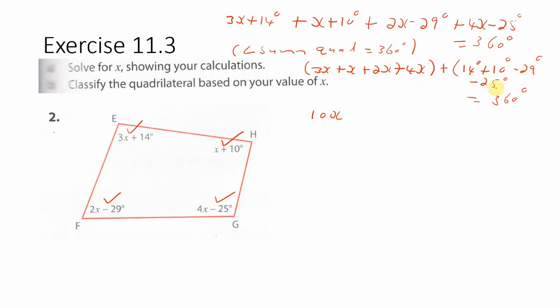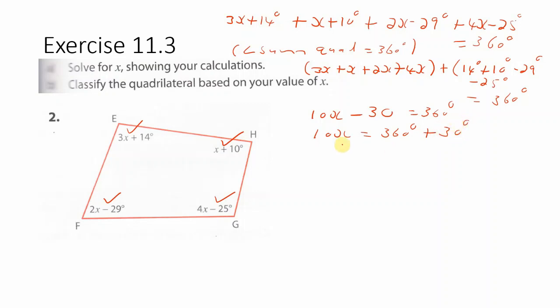So we owe 5, we owe a further 25, so we owe 30. Plus times a minus is a minus. That equals 360 degrees. So therefore 10x minus 30 is equal to 360. The negative 30 crosses over to join.